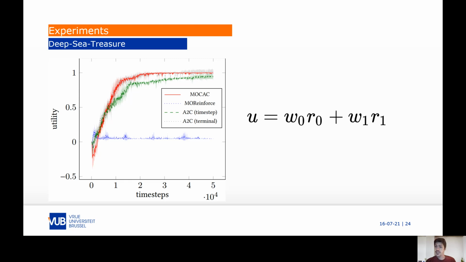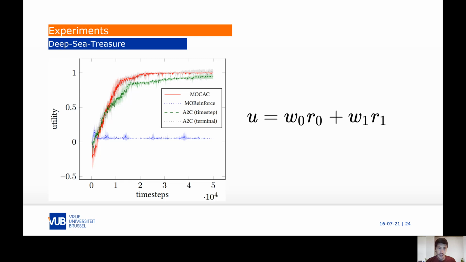We used A2C as a single objective baseline. We have two variants of A2C. The one where the reward is scalarized at every time step, we call this A2C time step, in green.